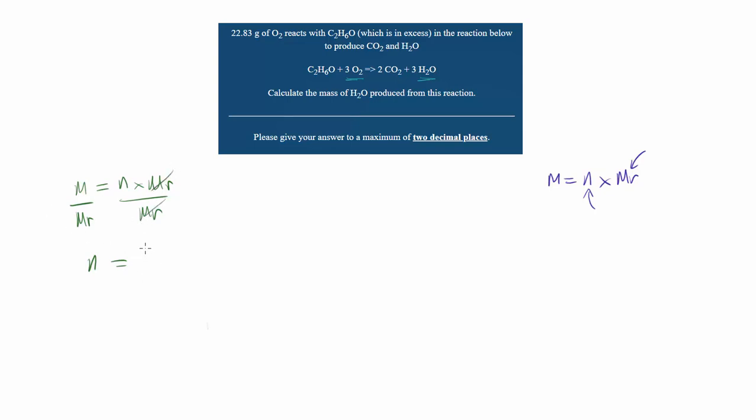N is equal to mass divided by molar mass, right? Now, one of the other things to consider here would be, okay, this would be N, so N of oxygen, right?